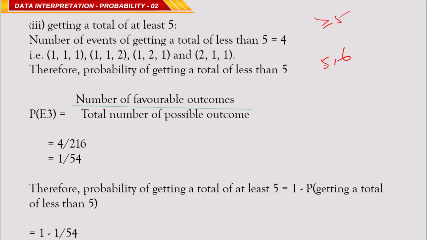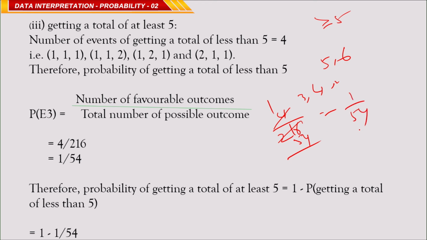Getting at least 5 is the complement of getting at most 4, which has favorable outcomes 4, that is 3 and 4, so 4 by 216, that is 1 by 54.